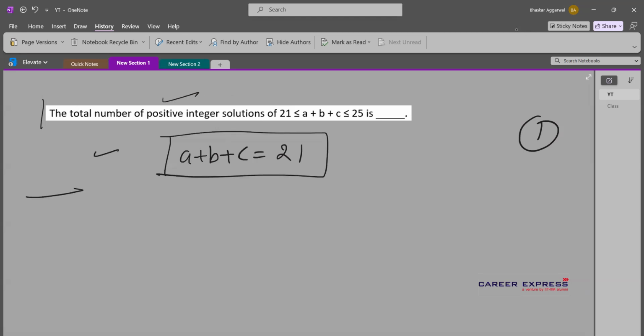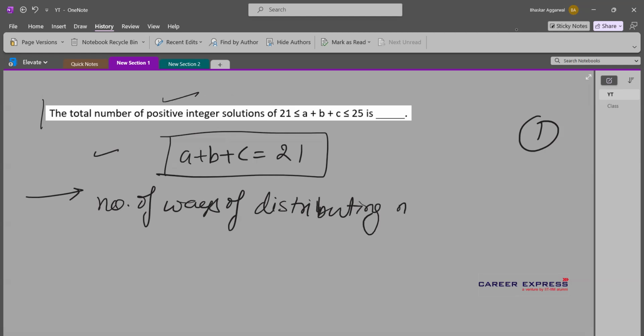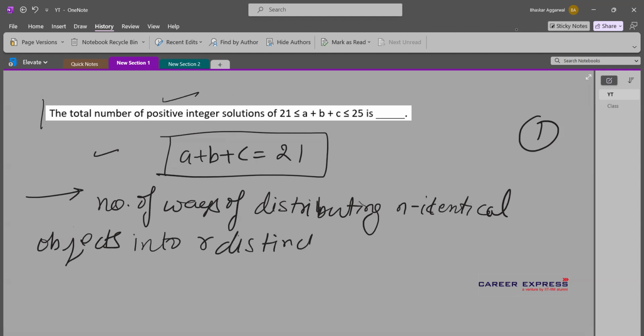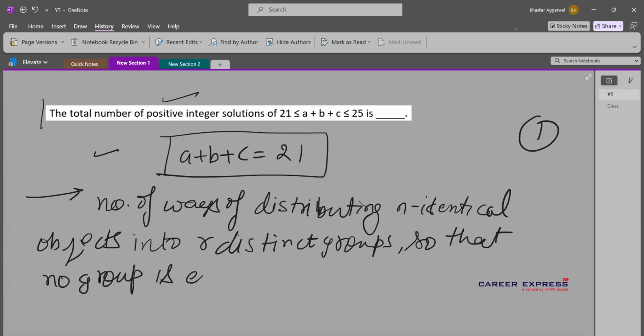To solve such questions, we have this concept: the number of ways of distributing n identical objects into r distinct groups so that no group is empty.